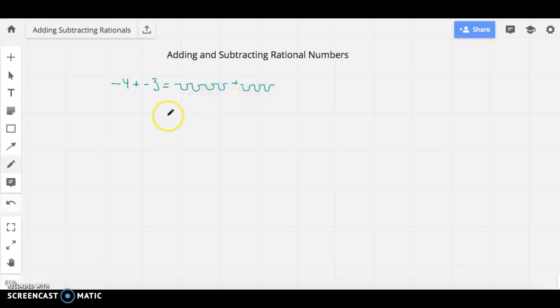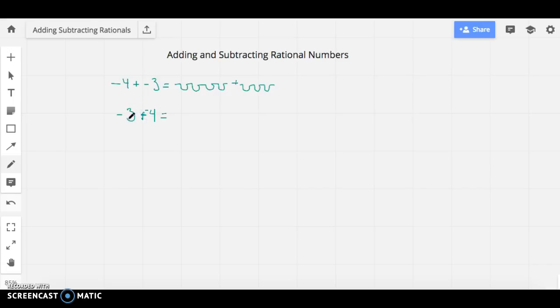One area that we had a little bit of trouble was this next one, and it was 3 holes and then the opposite of 4 piles. So remember, this is the opposite of 4. This subtraction sign is no longer subtraction. I want you to think of it as adding the opposite.